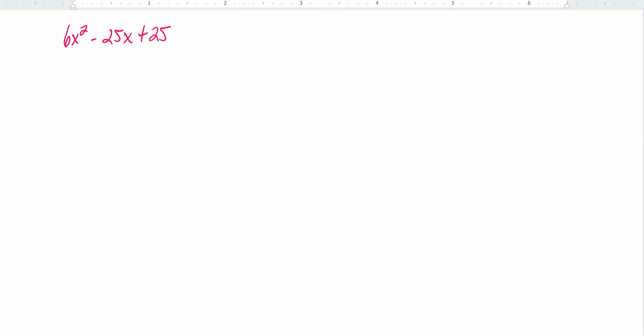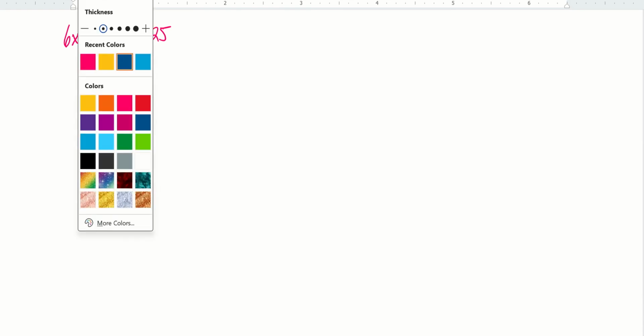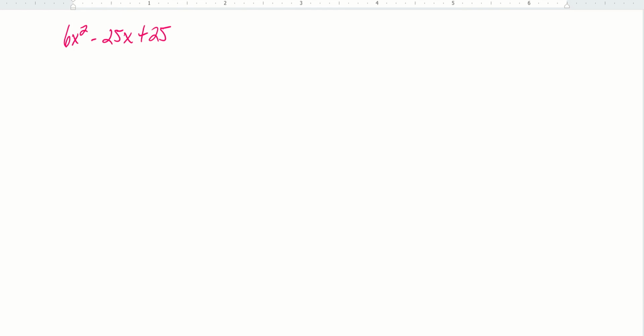So the first step is to take this term. The number in front of x squared is a, and the number without an x is c. So we're going to do a times c, which is 6 times 25. And if we multiply those together, we're going to get 150.